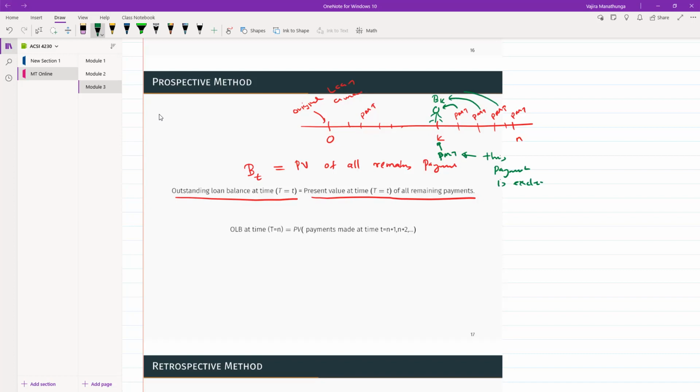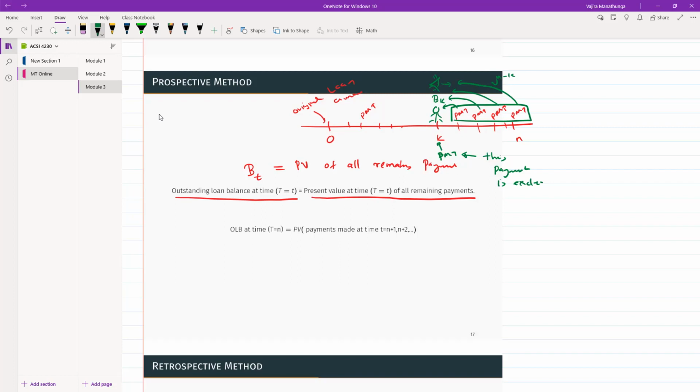So you take the present value. If the total is n, then the remaining will be n minus k. So the present value of remaining future payments, that's called the prospective method. You are looking into the future, and the present value of all remaining future payments is called the outstanding loan balance under the prospective method.